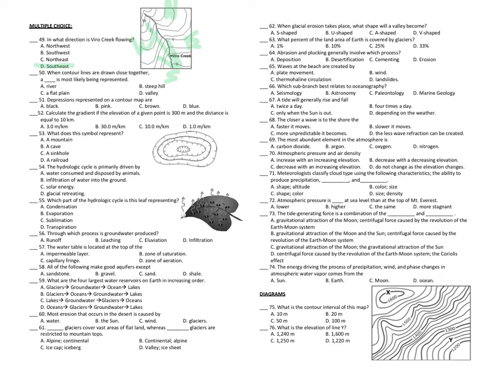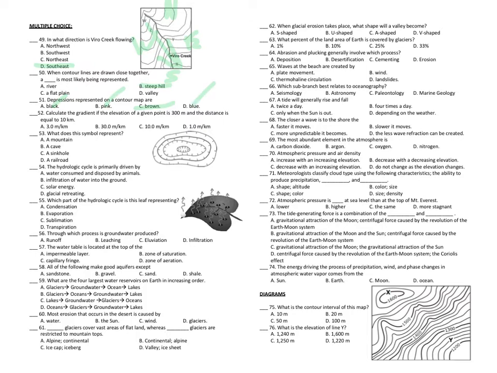Contour lines that are close together are going to represent a steep hill. Depressions on a contour map are a type of contour line, so they're going to be brown. Remember that black are man-made features, pink are urban areas, and blue is water.